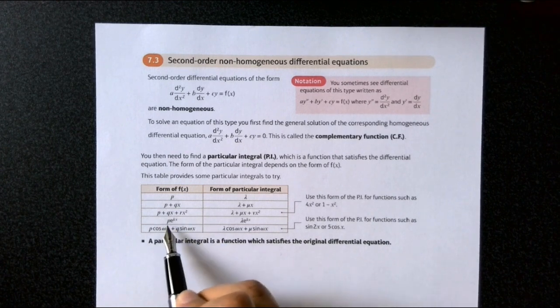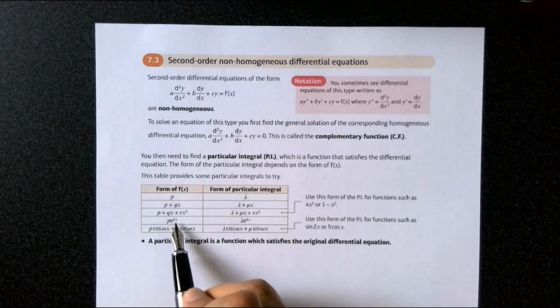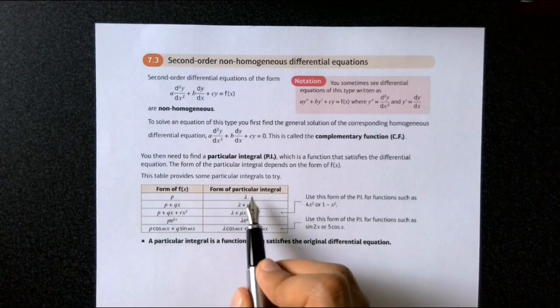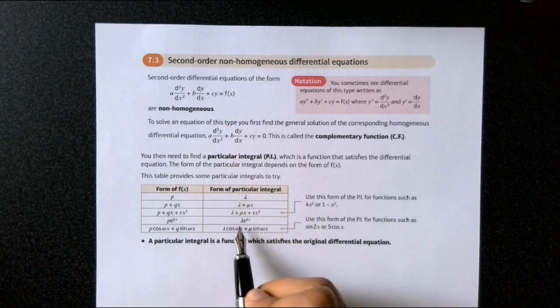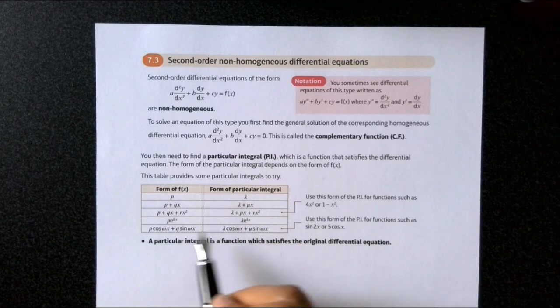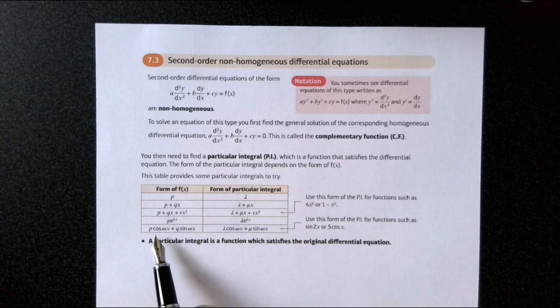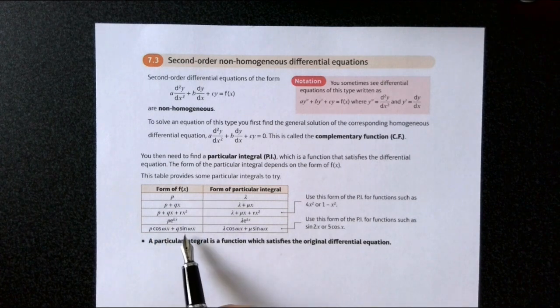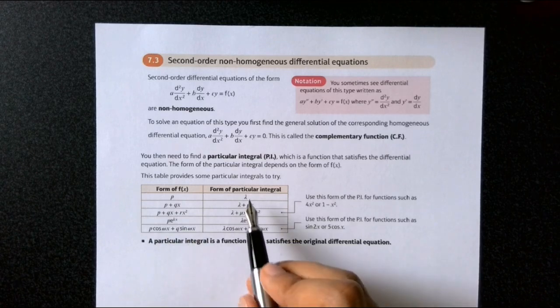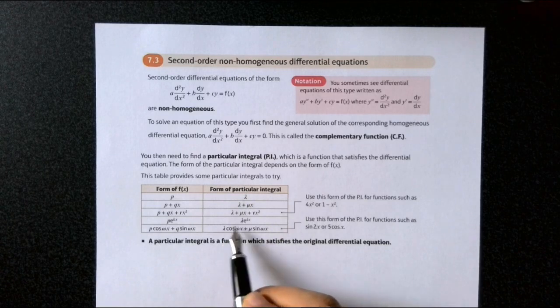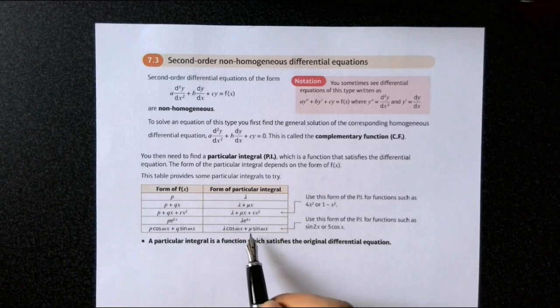If we have p e to the kx for the form of f of x, then the particular integral is of the form lambda e to the kx. And if f of x is of the form p times the cosine of omega x plus q times the sine of omega x, then the particular integral is of the form lambda times the cosine of omega x plus mu times the sine of omega x.